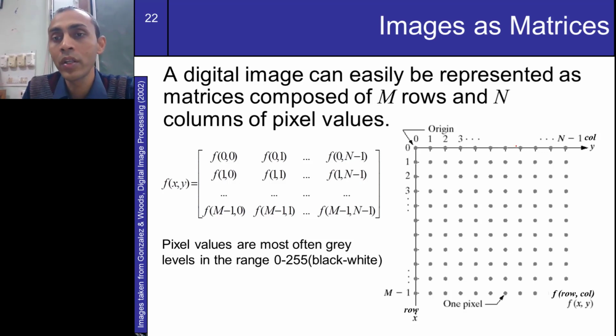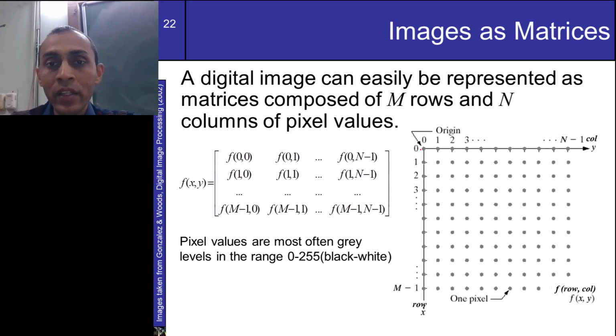There will be rows and columns in this 2D matrix, one of them represented by Y and the other by X. Generally the topmost and leftmost pixel is represented as 0 comma 0, also referred to as the origin. You may start indexing from 0, or from 1.